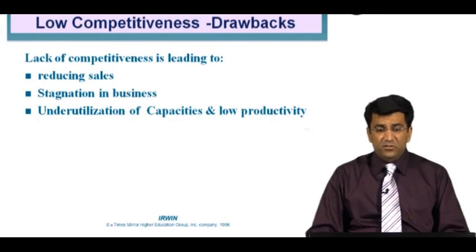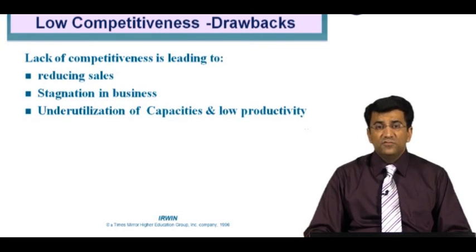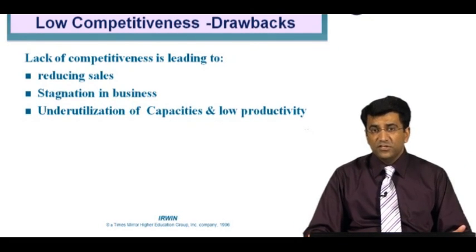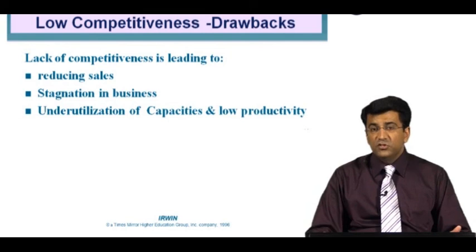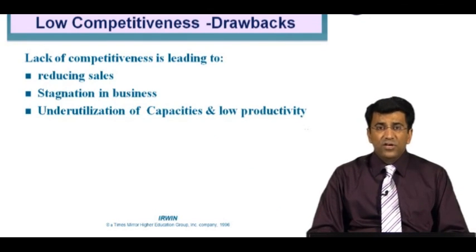Okay, what are the aftermaths of low competitiveness? If we are not able to differentiate our products, our processes, our operations, then what will be the drawback? What will be the impact on the organization? Of course, there will be reduced sales, and that will affect the profitability of the organization. The business will be at a stagnant stage, and you will not have a long-term impact on your business.